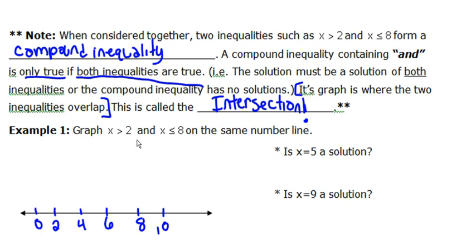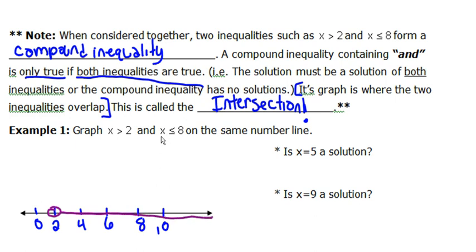Okay. So first I'm going to graph x is greater than 2. I would put an open circle at 2, and I would be going to the right where my numbers are getting bigger.